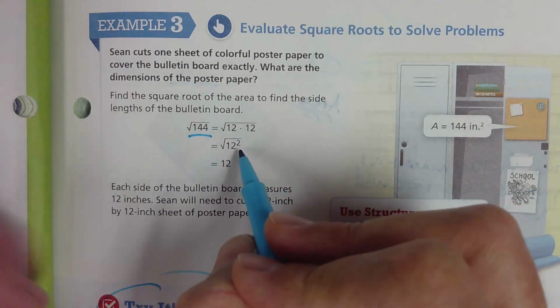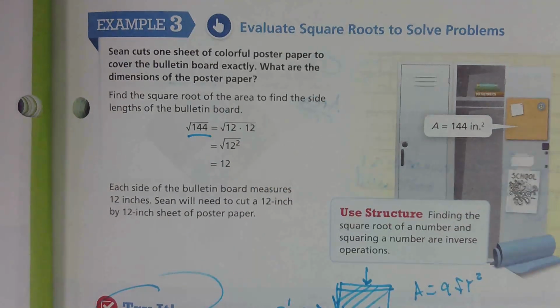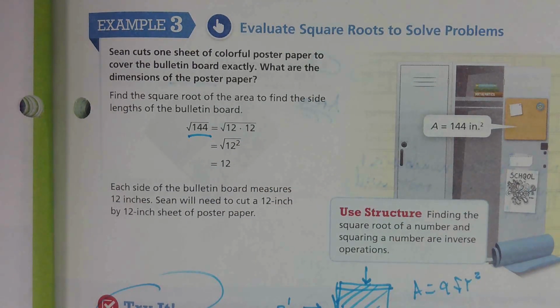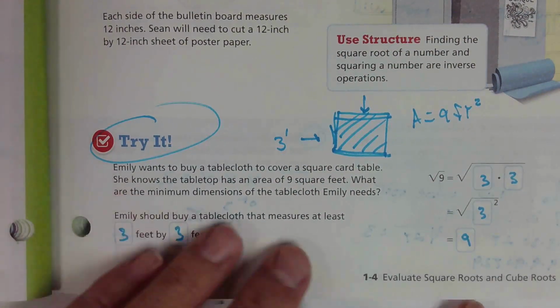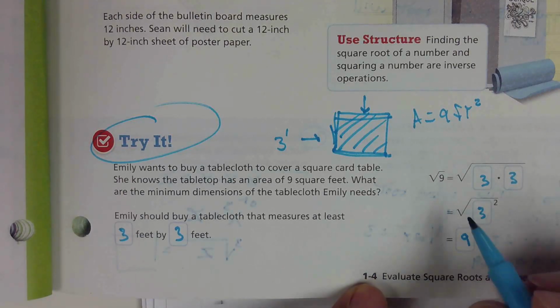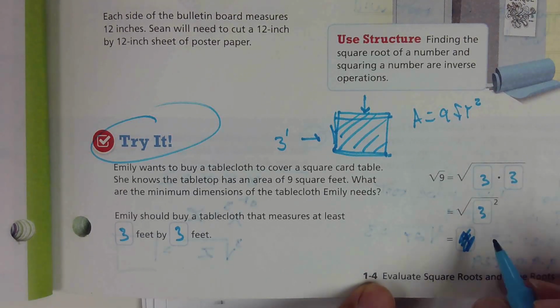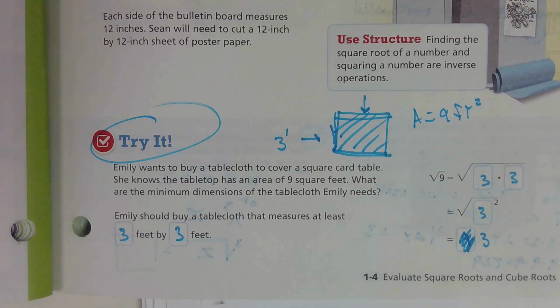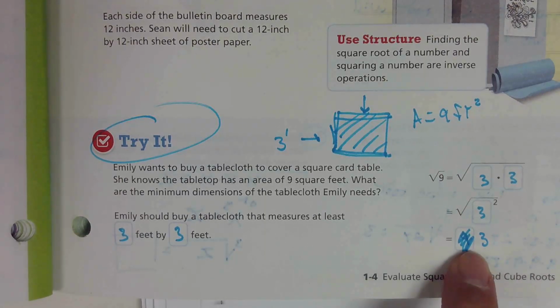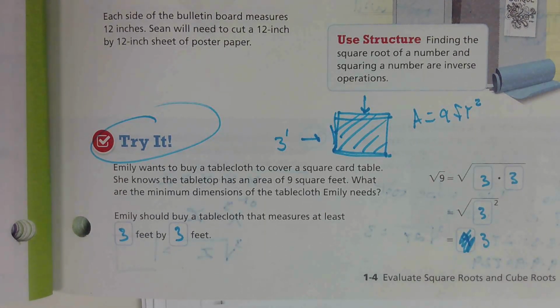It's 12 times 12, 12 squared, so it's 12. I'm not sure what you're asking. At the bottom, you put 9 instead of 3. Oh, I see what you're saying. Yes, thank you. Put up 100 points. That should be 3, not 9. You guys see that? That should be 3, not 9.